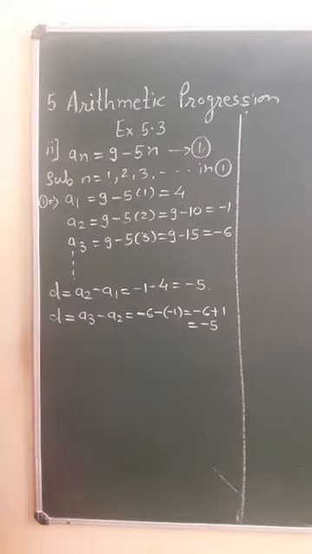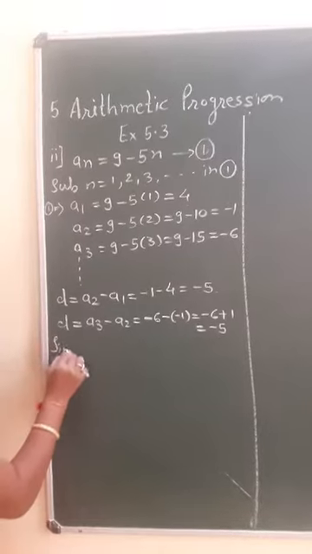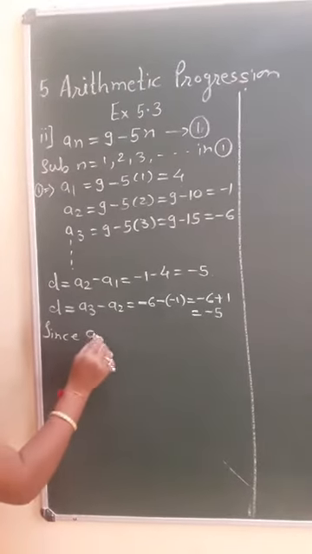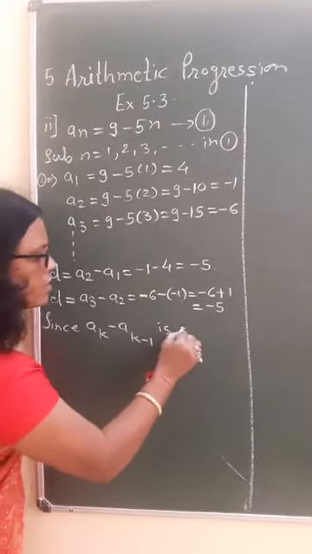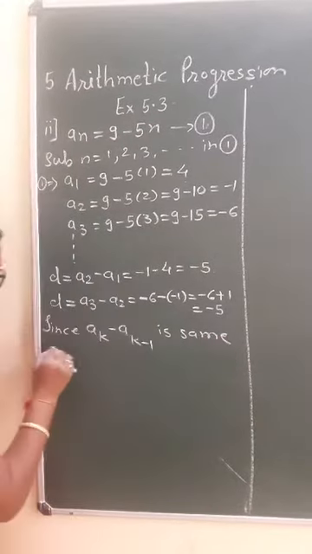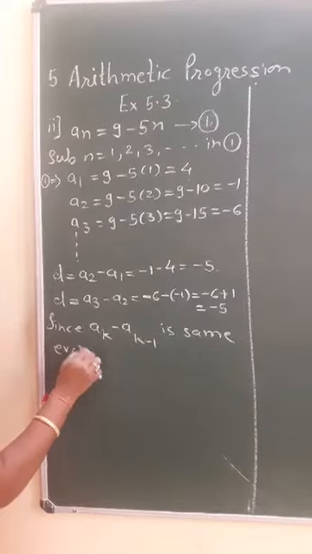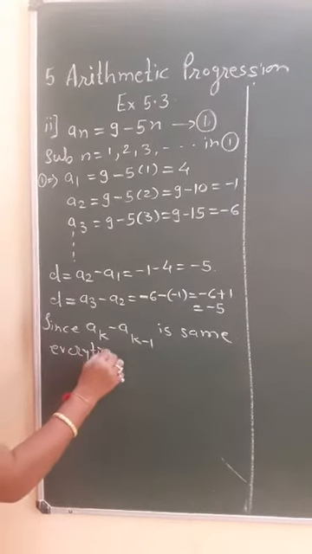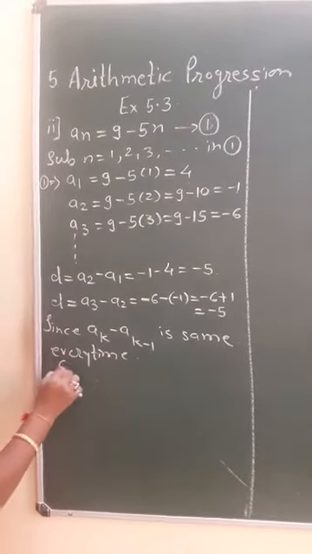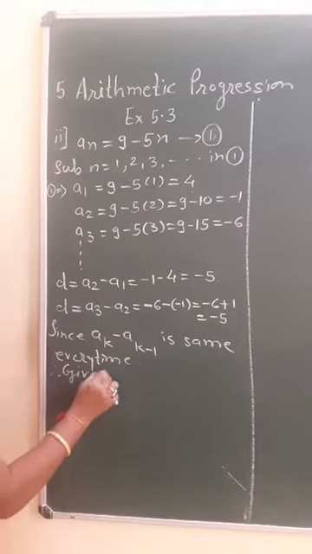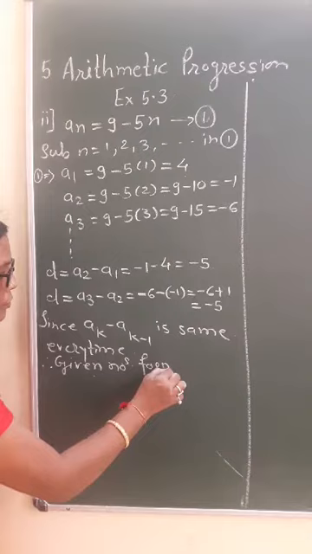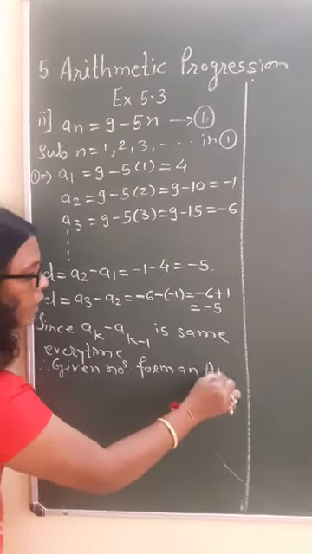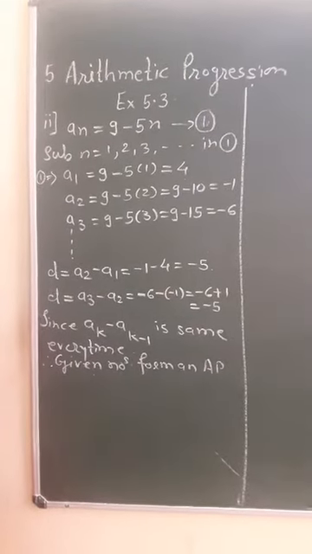Are you finding D is the same? Here we will say since AK minus AK minus 1 is the same every time, or we can say D is also the same every time, therefore the given numbers form an AP. Okay, this forms an AP.